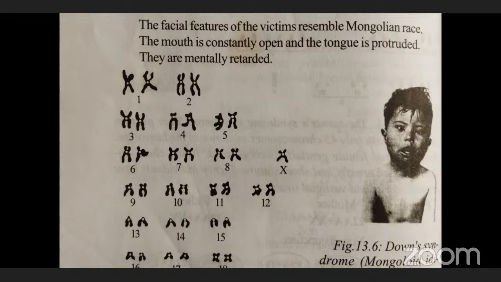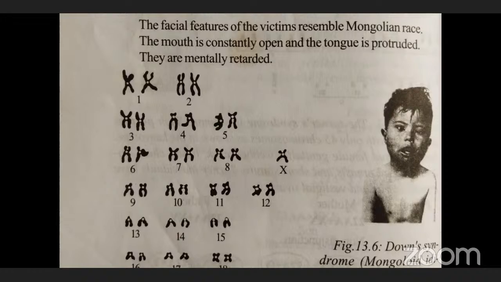Down syndrome occurs by non-disjunction of chromosomes of the pair of 21 during meiosis. Here both autosomes of this pair enter the same egg, and that egg is fertilized by a normal sperm.